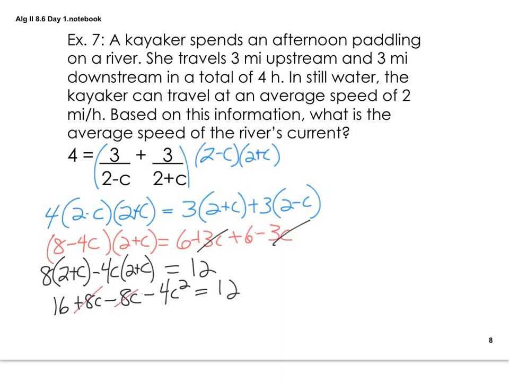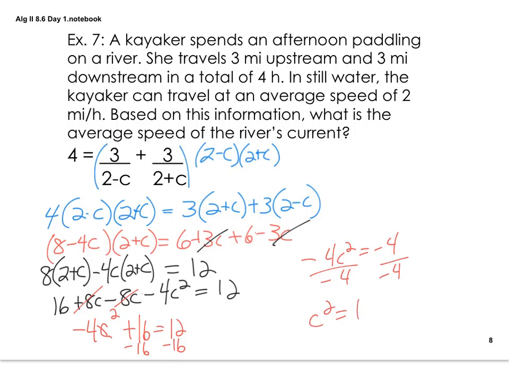All right, I can cancel out these 8c's, and then I end up with a negative 4c squared plus 16 is equal to 12. If I subtract 16 from both sides, I have a negative 4c squared is equal to a negative 4. I can divide both sides by a negative 4, and I have c squared is equal to 1.